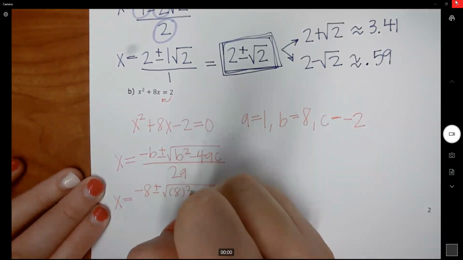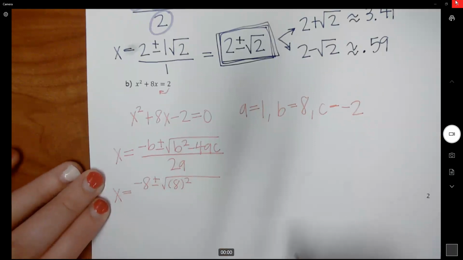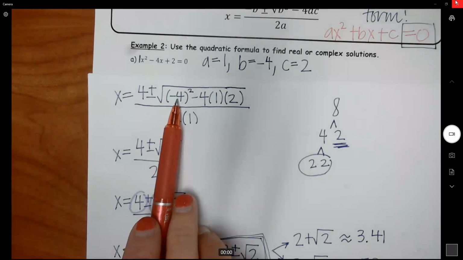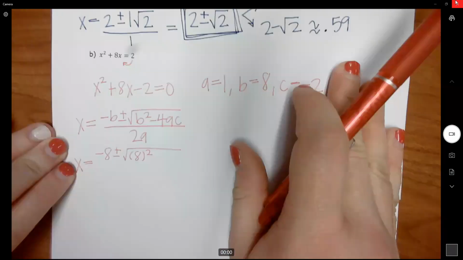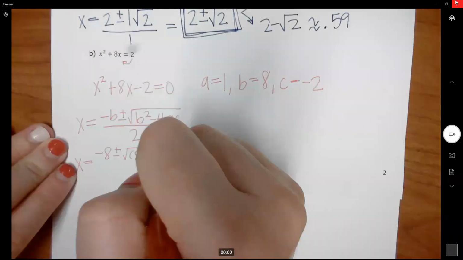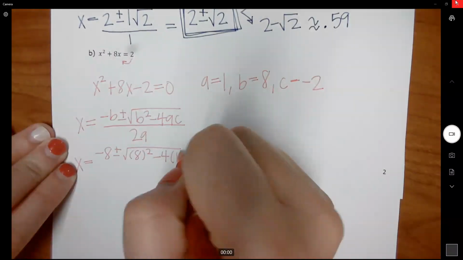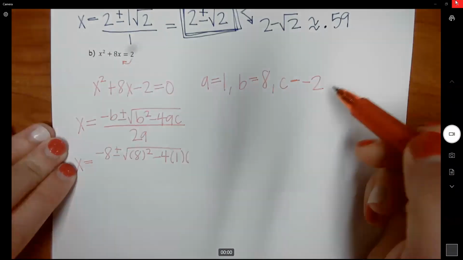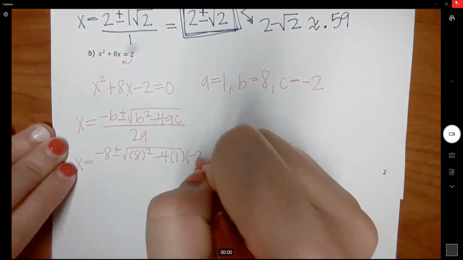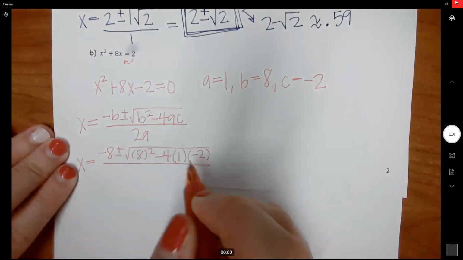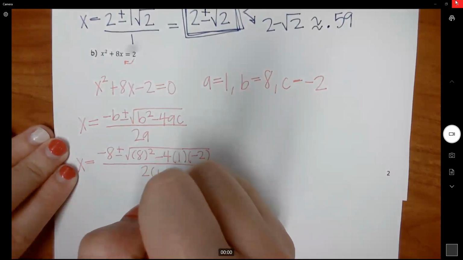I'm still putting this in parentheses because it doesn't hurt. This one doesn't matter as much in parentheses as this one. Those negatives make a huge difference. The positives don't. Minus 4 times A, which is 1, times C, which is negative 2. And this is all over 2A, which is 2 times 1.